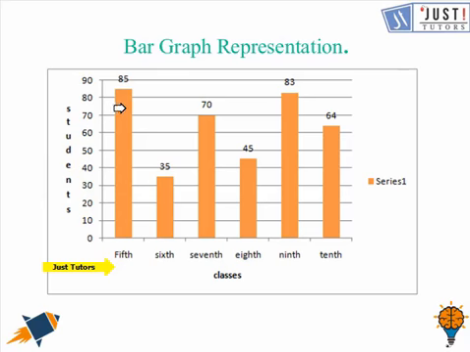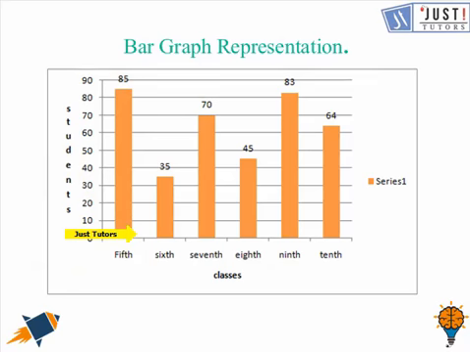So 5th had 85 children, which is right there in between 90 and 80. And then 6th had 35. Similarly, 7th had 70. 8th has 45. Class 9 has 83 children. And class 10th has 64 children. This is how we represent any form of data in the bar graph form.